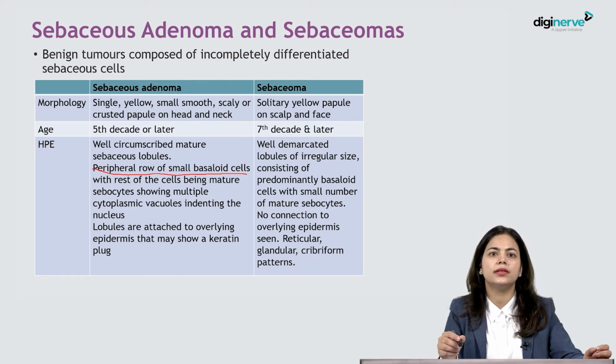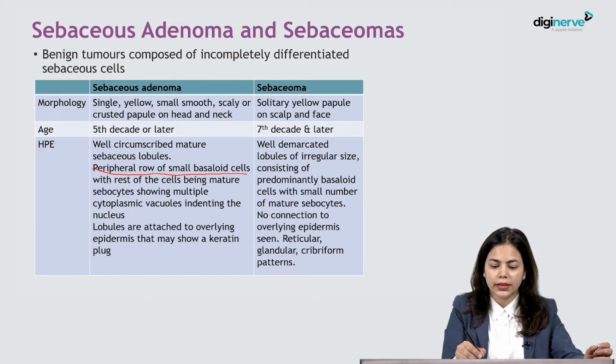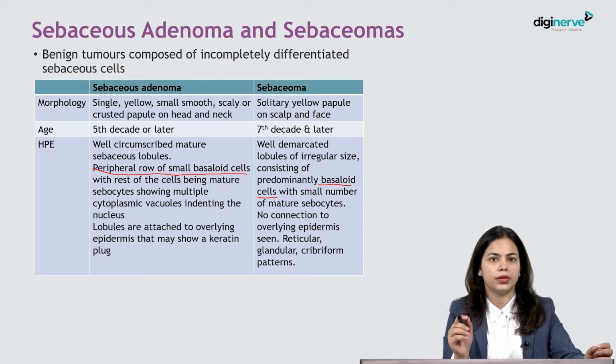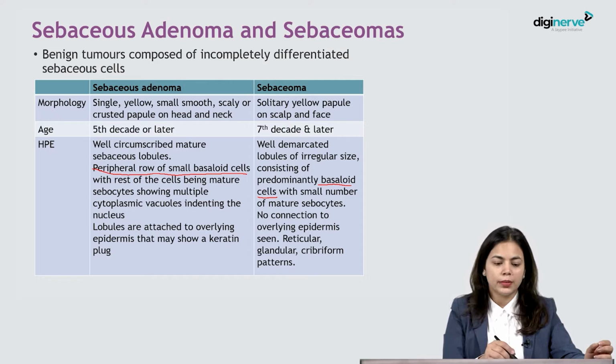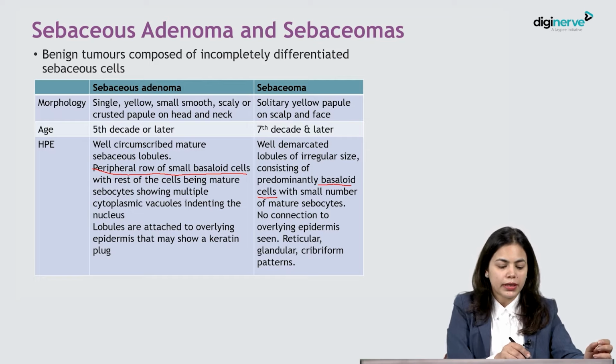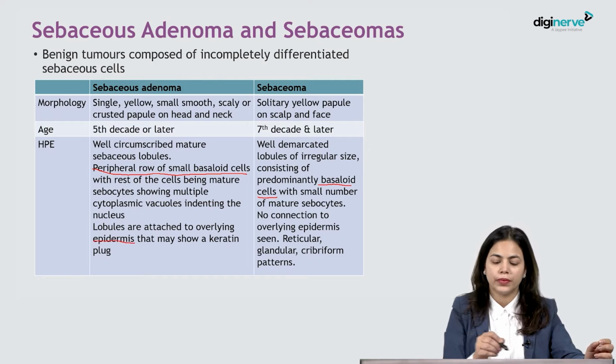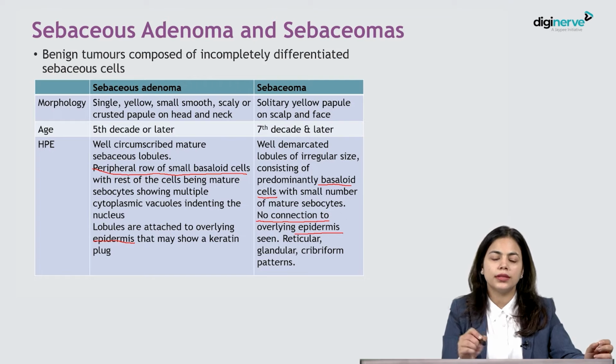Now, what happens in a sebaceoma is that the majority of the cells are basaloid cells with only a small number being sebocytes. Another important differentiating point is that sebaceous adenoma will always be attached to the epidermis, while in sebaceoma, there is no connection to the overlying epidermis. So, this is an important differentiating feature.